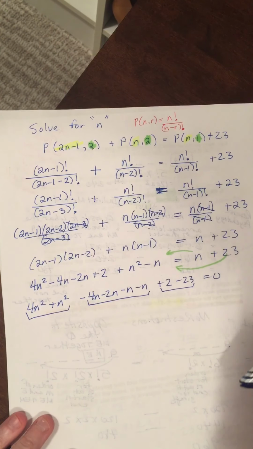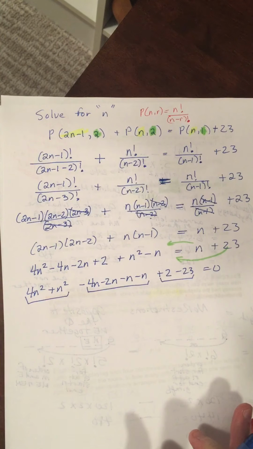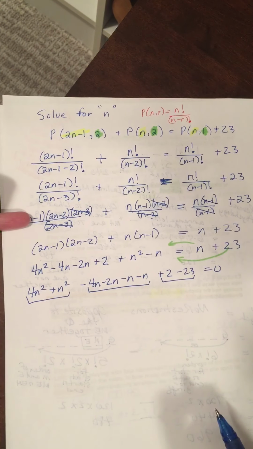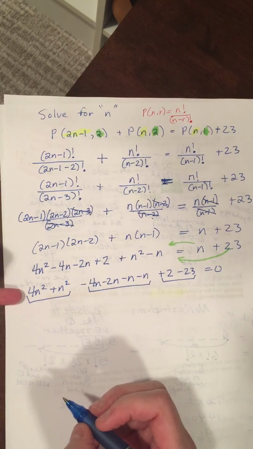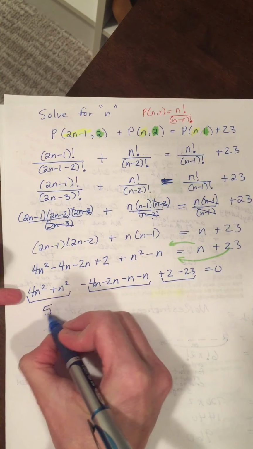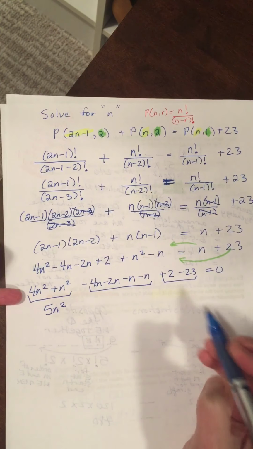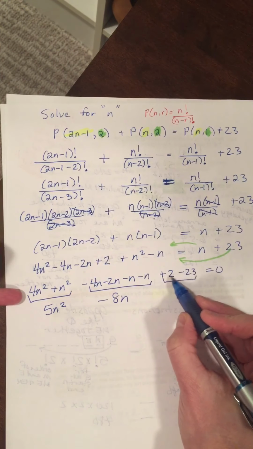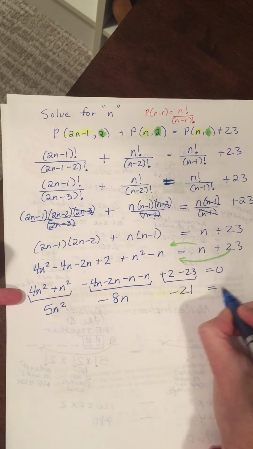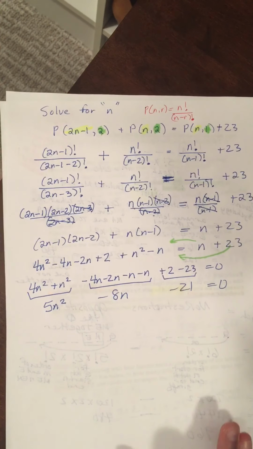The whole idea here is solving a quadratic, which is a grade 10 concept. So I simplified my factorials, cleaned up by using FOIL and Rainbow, continued to clean up by collecting like terms, and now I'm going to simplify that collection. 5n squared, negative 6, negative 7, negative 8n, minus 21 equals 0.